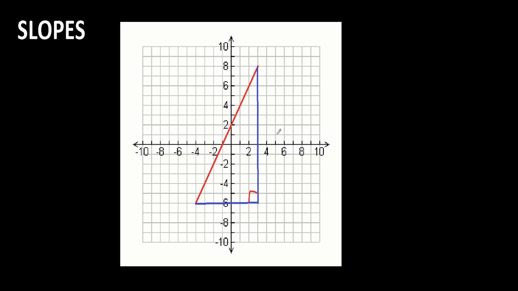So you get your right triangle, and the vertical line of this right triangle is the rise. So the vertical part is the rise. Since the rise is the vertical distance between 2 points, and like I mentioned before, the run is the horizontal distance between 2 points, that means the run is the horizontal line.